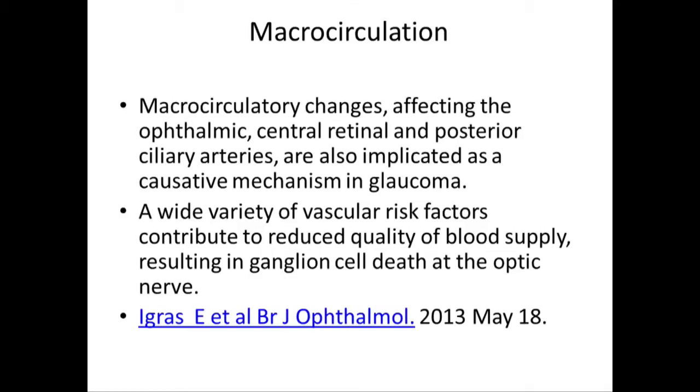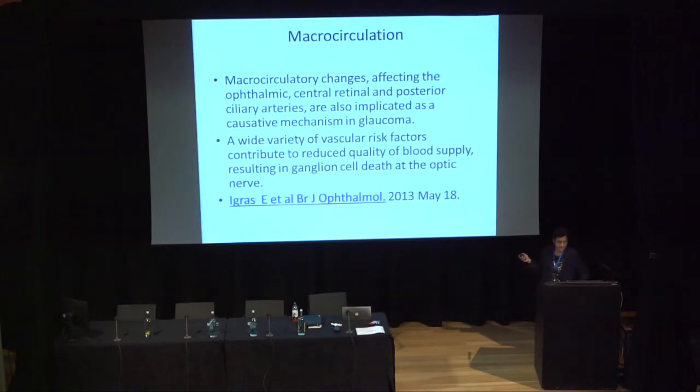Again, all these are postulations, causative mechanisms that have been thought through about why we have depleted macular pigments in patients with glaucoma. The paper is an extremely recent publication, and there's nothing else in the literature as to why macular pigments decrease in glaucoma.